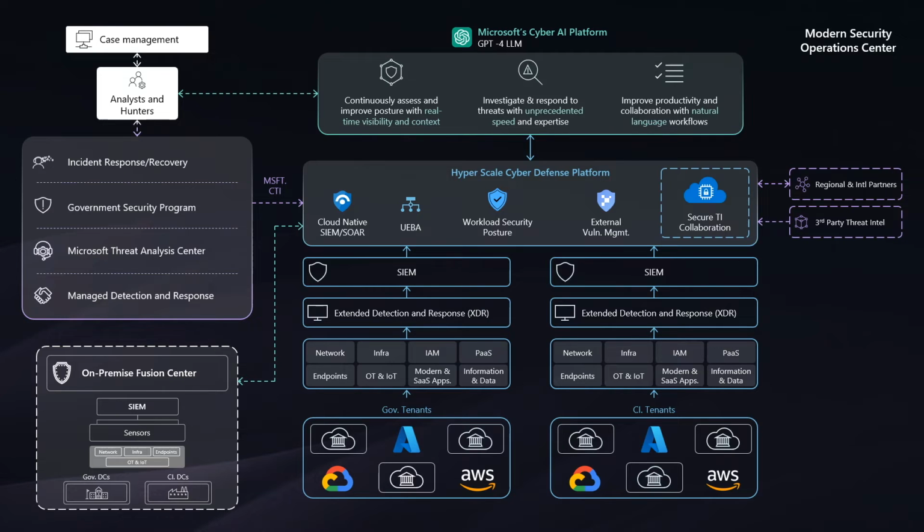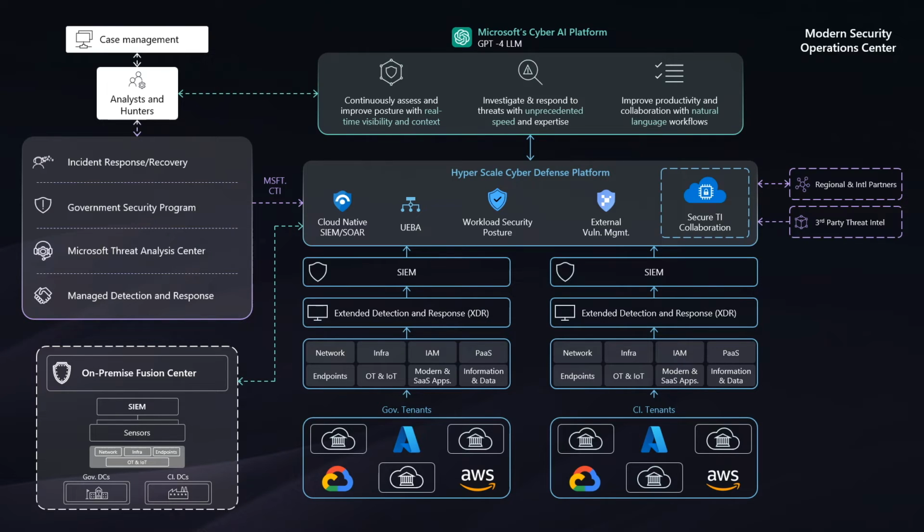You also want some kind of government security program that provides you with a threat intelligence feed like the one that Microsoft provides to government entities, giving you information that we collect around the world that may inform your threat intelligence ecosystem.